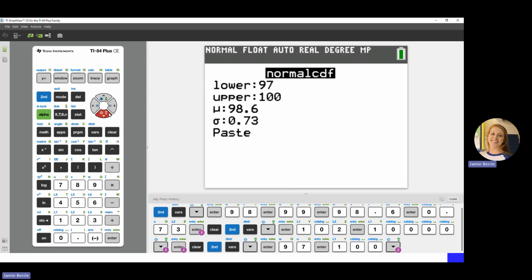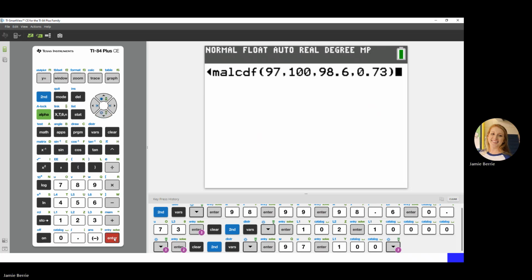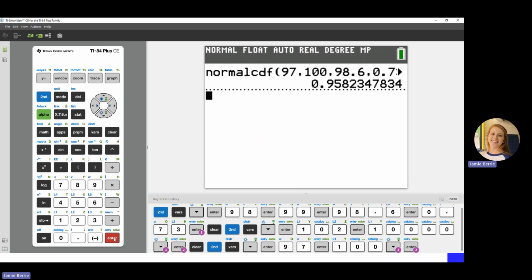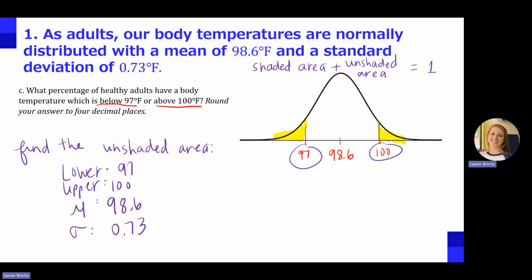Mean and standard deviation are staying the same. Go ahead and paste that, run it. All right, so the middle part is 0.9582.